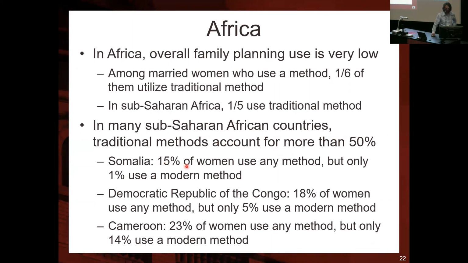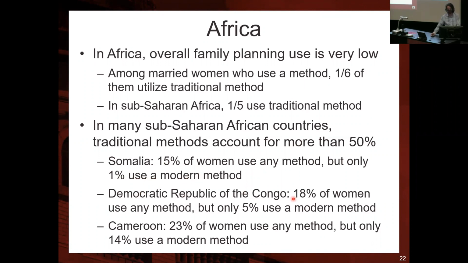For example, in Somalia, 15% of women use any method, which is already low, right? Considering the world average, 15%, but only 1% use a modern method. So 85% of the women don't use any method, 15% use one, but only 1% are using a modern method, really low.